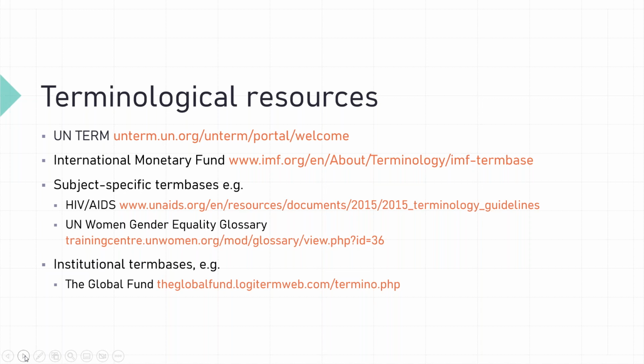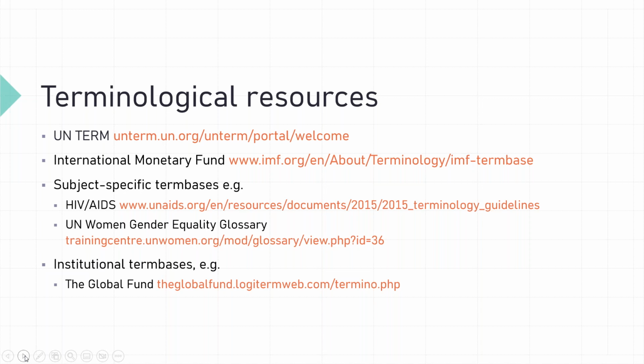Subject-specific term bases are also really useful, just because they're smaller in scale and focused on a particular area. So, for example, if you're working in the field of HIV/AIDS, UNAIDS would be the place to go. If you're thinking about gender equality, the one produced by UN Women would be incredibly useful. But also institutional term bases.